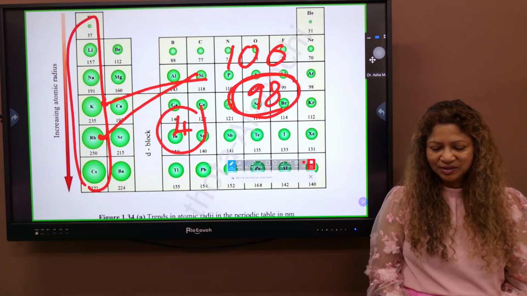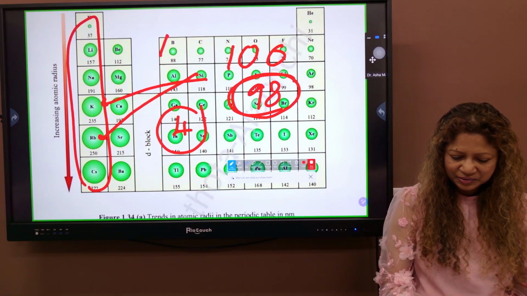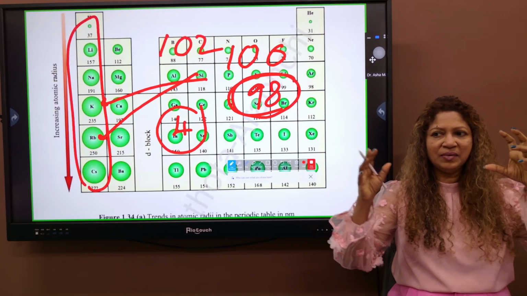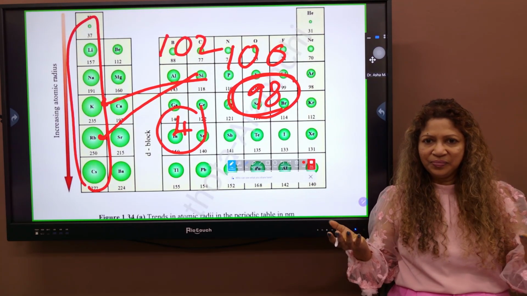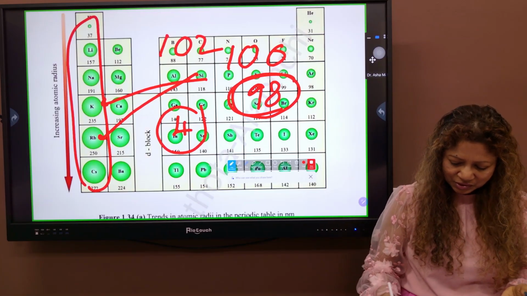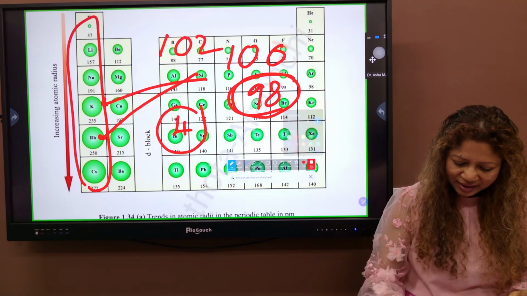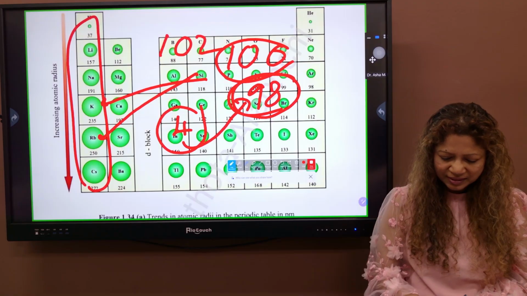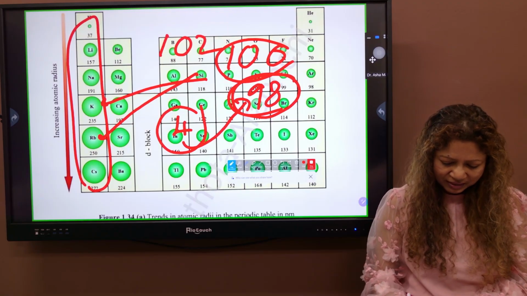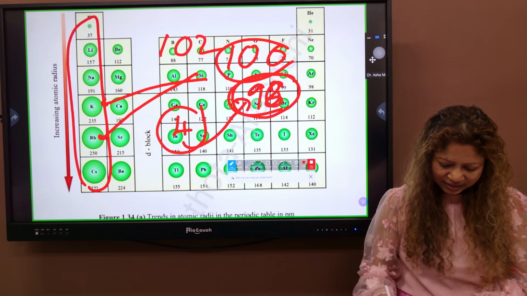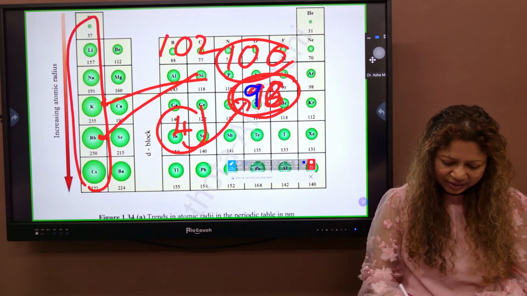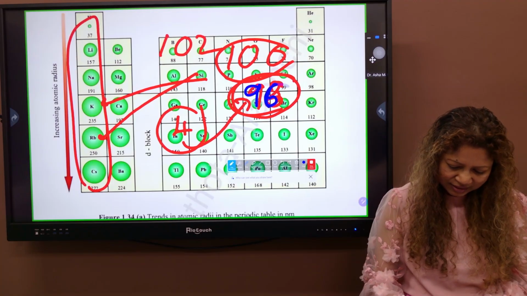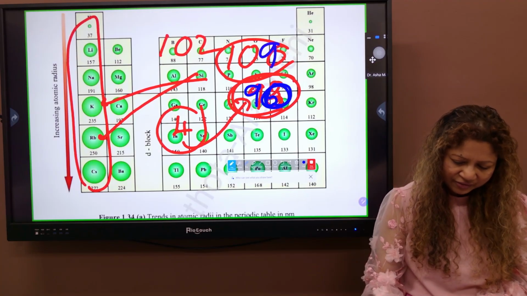Understood? This never becomes 102, because your final marks will not go above 100. The maximum is limited to 100. So 98 plus 4 is 102, but they give 100. Let's say your marks is exactly 96, then that becomes 100. Let's say your marks is 90, then this becomes 94.